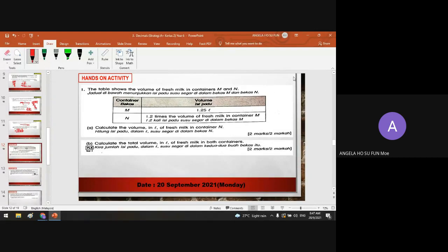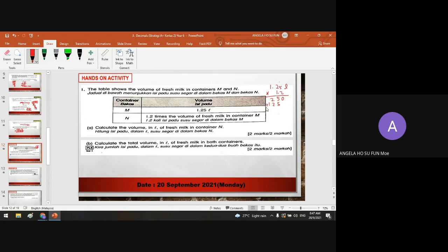Okay, so we try and see. 1.25 liter multiplied by 1.2 times, right? So very easy. 2 times 5 is 10. 2 times 2 is 4 plus 1 is 5. 2 times 1 is 2. 1 times 5 is 5. 1 times 2 is 2. 1 times 1 is 1.